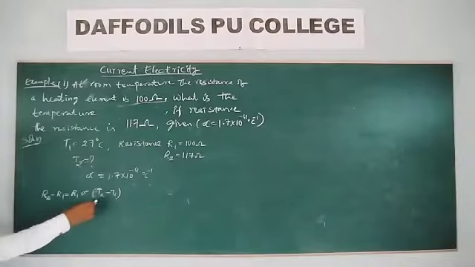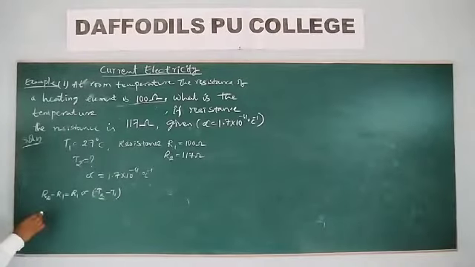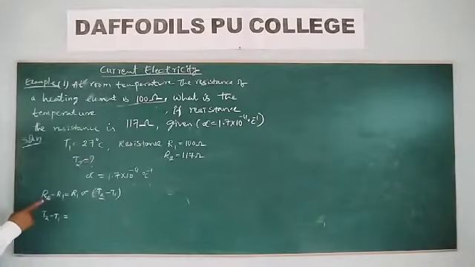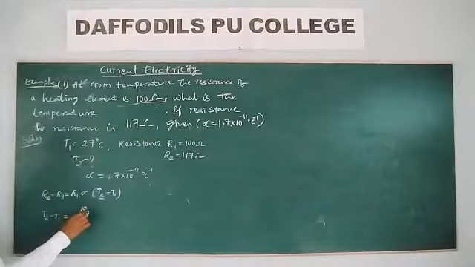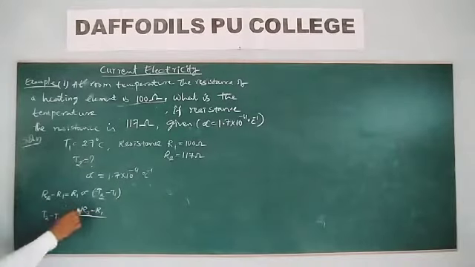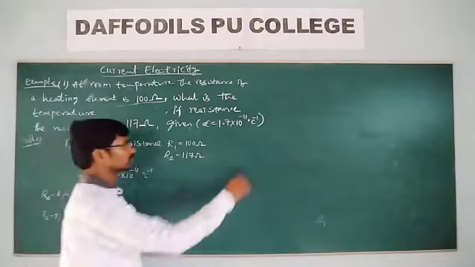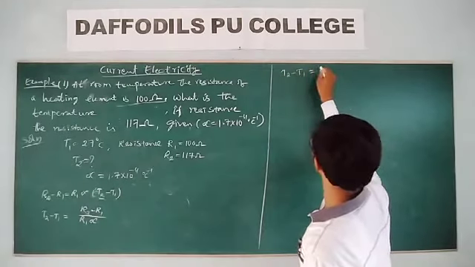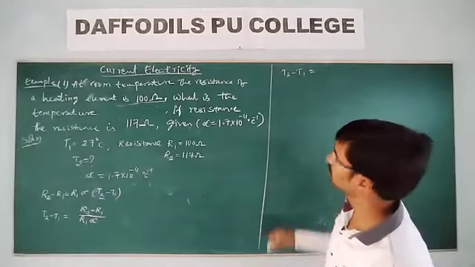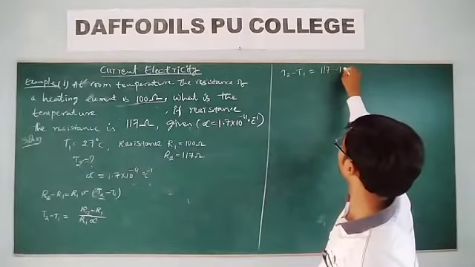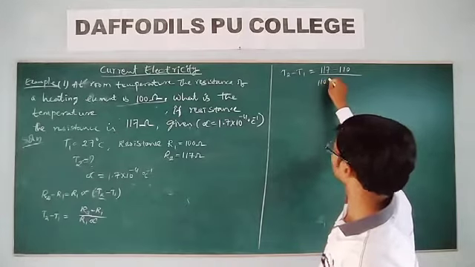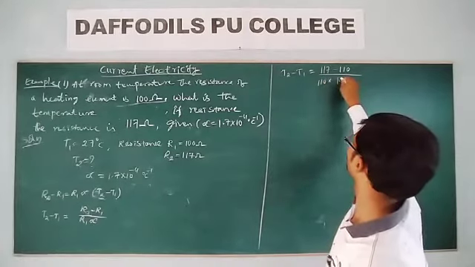Now you need to find the T2 value, so T2 minus T1 is equal to (R2 minus R1) by R1 alpha. Now substitute these values.